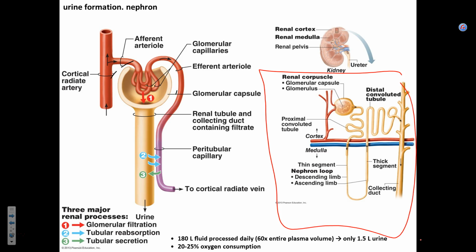This is a nephron. They're really microscopic. This is the nephron. This is the nephron. And this is the nephron. I actually have 2 nephrons here. Okay. So there are glomeruli of the nephron.